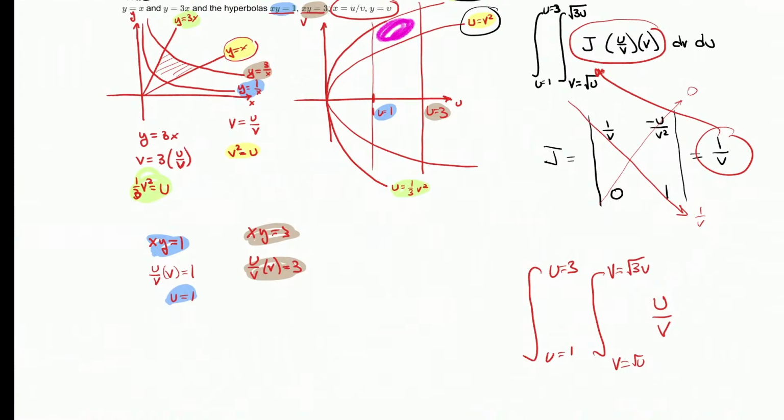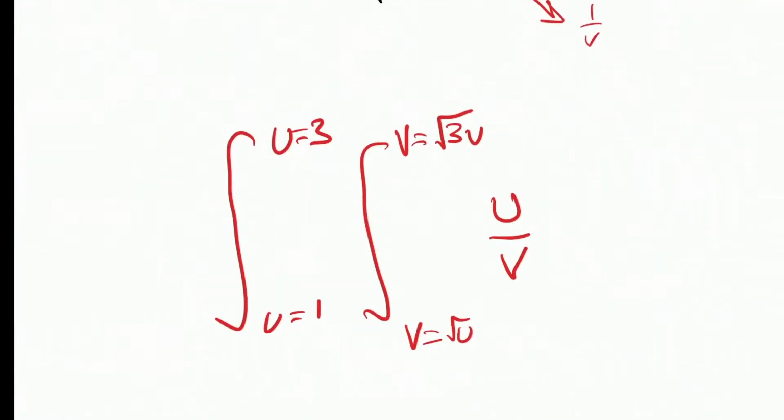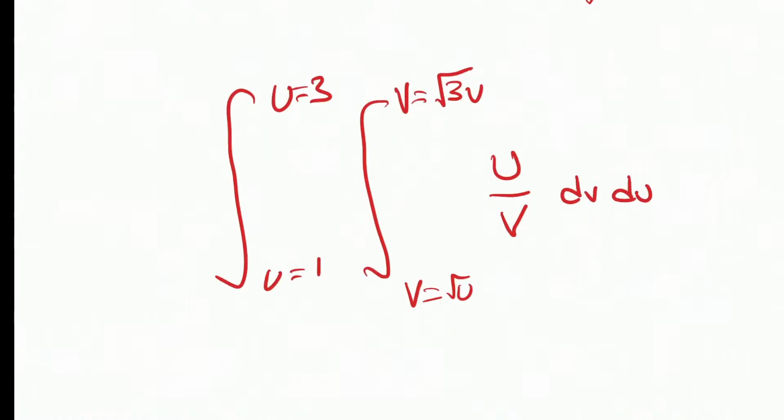All right, I just want to make sure, because this is not making me happy. Not at all. Why did they do this to us? I would have done a different Jacobian, different transformation. Okay, dv du. Okay, let's finish.